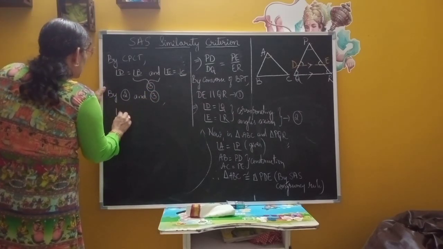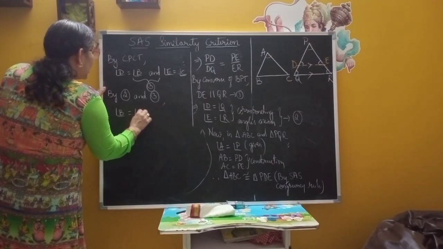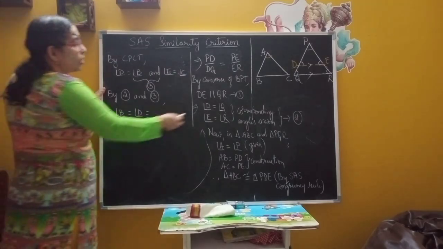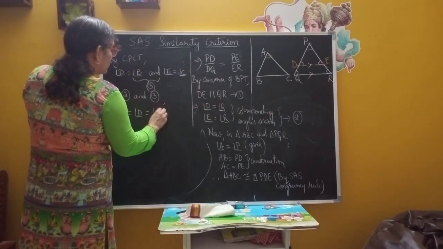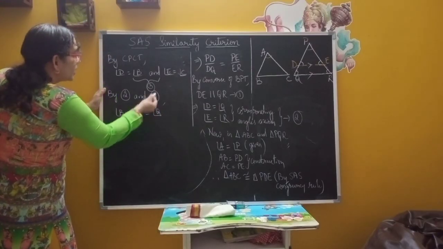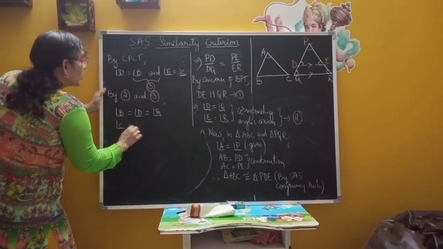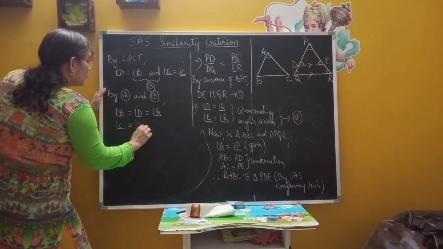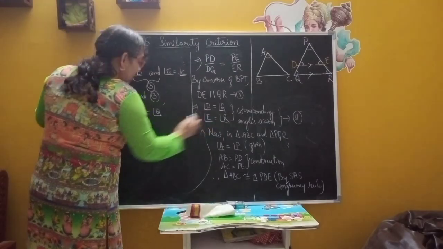Angle B is equal to angle D is equal to what? Angle Q. And angle C is equal to what? Angle E is equal to what? Angle R.